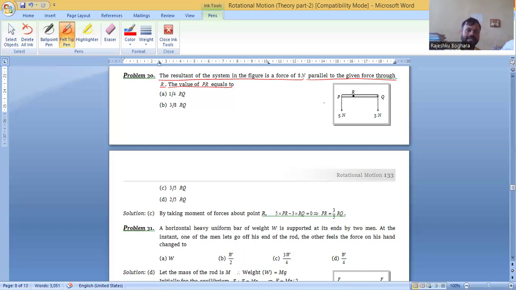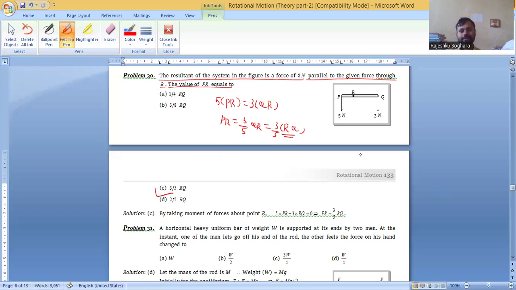So we take 5 into PR equal to 3 into QR. So PR is equal to 3 by 5 RQ. The answer is given in the form of RQ and PR. So 3 by 5, and our answer will be C. Rotational equilibrium.